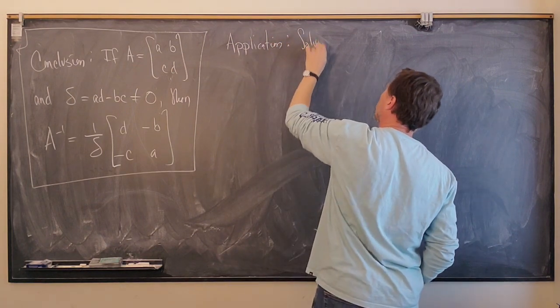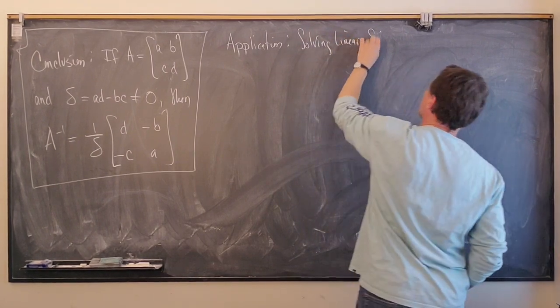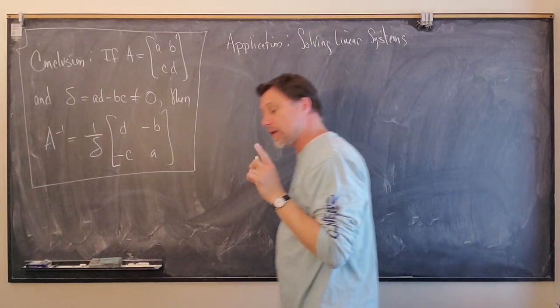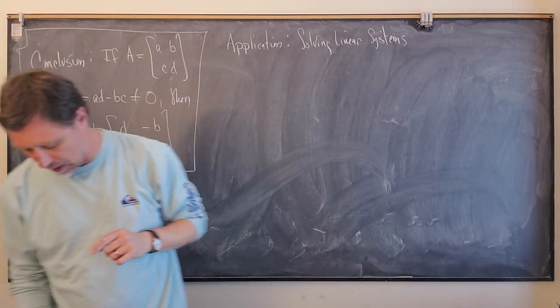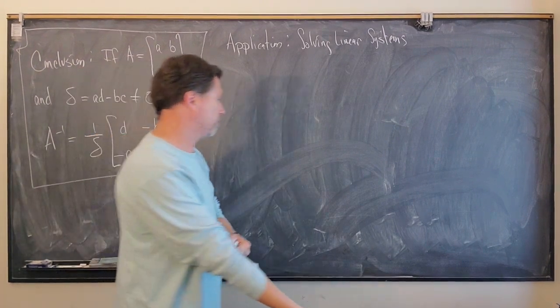Solving linear systems. Last time, one of the things we saw is that a linear system can be expressed in terms of a matrix equation.